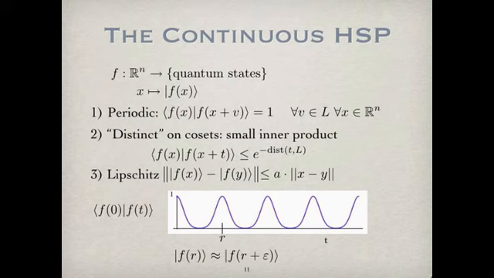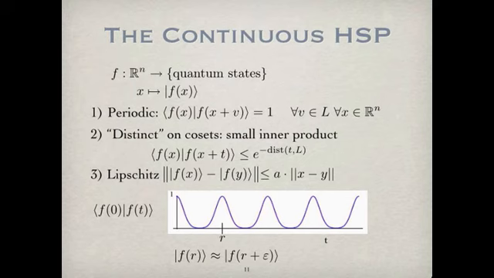Now, we still might have a problem if it falls off too fast. We still wouldn't be able to query near R. So the last condition will be Lipschitz. Lipschitz limits how fast the function can change, so the norm of f of x minus f of y is at most x minus y times a. What this does for us is it makes f of r almost the same state as f of r plus epsilon.